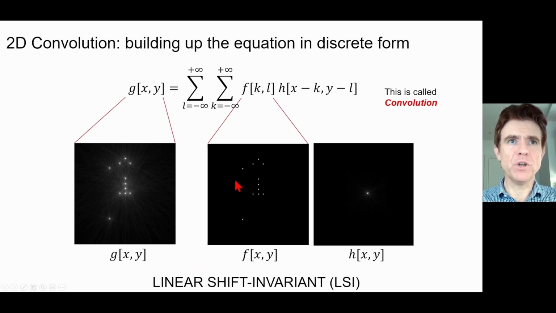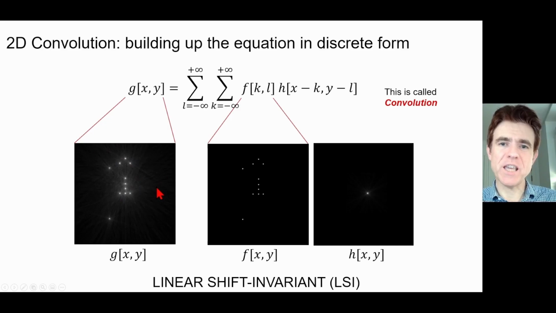Okay, and this is what we call a linear shift invariant system. Really, we should call it shift equivariant. Shift invariant typically just means that wherever we are inside this true object, the point spread function looks the same.